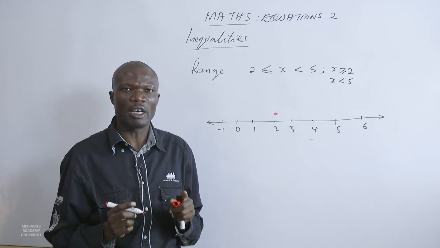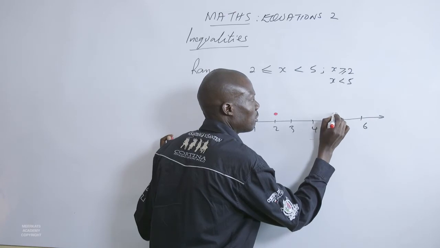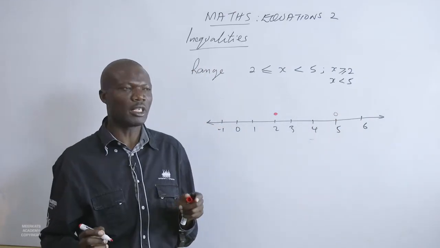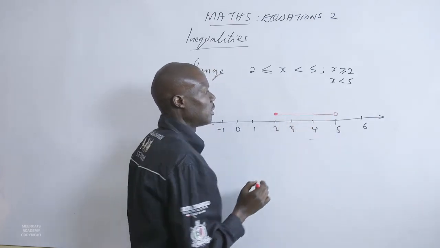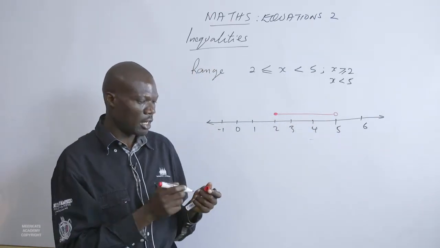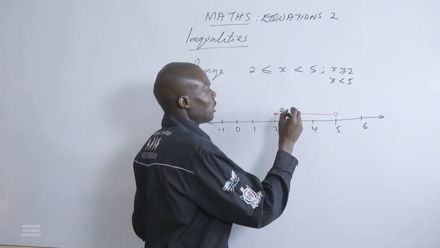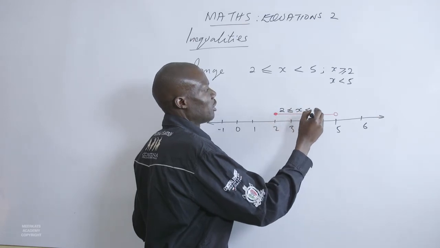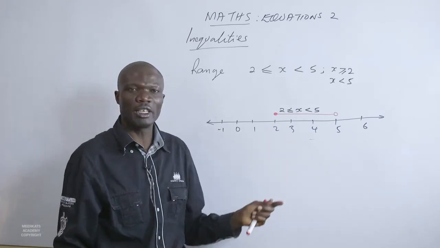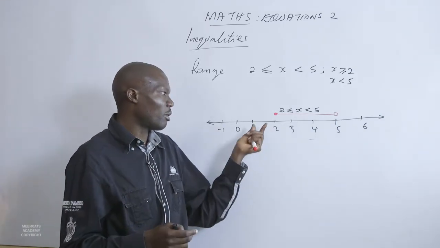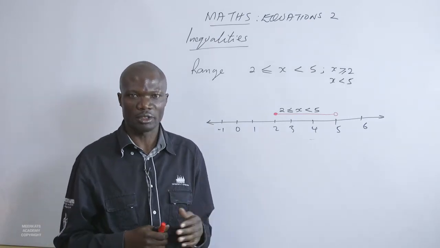We go to 5 and draw there an open circle. Then we join this. That is a range, and that range is telling us that 2 is less than or equal to x, which is less than 5. So we can use a number line to represent a range using the closed and open circles.